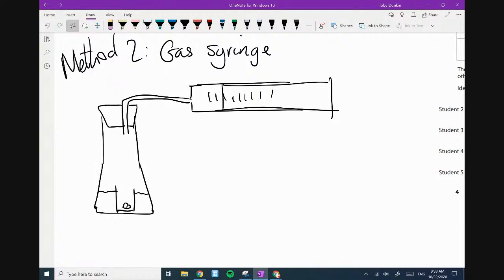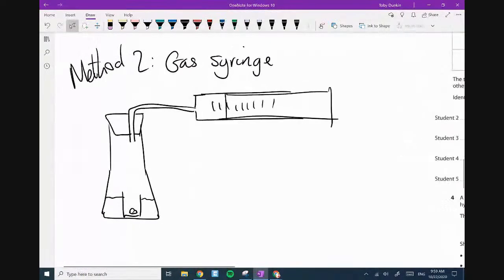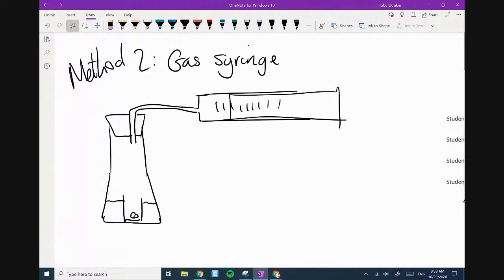Now, the same issue applies in terms of loss of gas. They've done lots of fun questions with all of these. So, for example, when the syringe was set to 0, there is still air in both the conical flask and the tube. So why does that not matter in terms of gas collection?